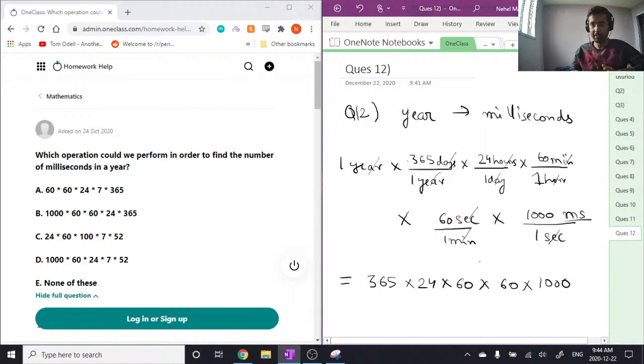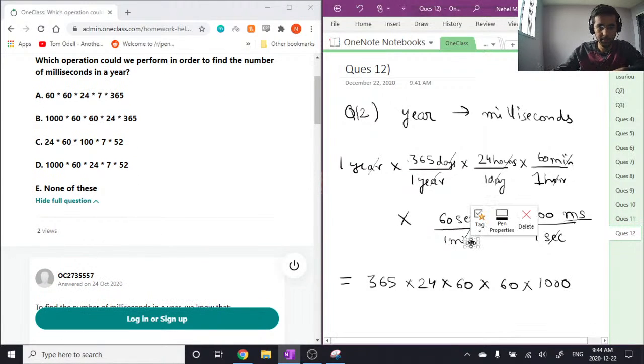So the key thing to note here is the 1000 at the end. Make sure you're not just getting to seconds and you're actually converting fully to milliseconds. So looking at the options here, B would be the correct answer.